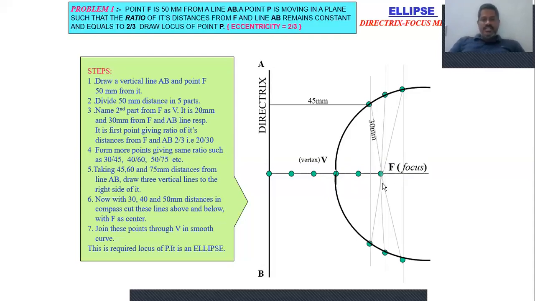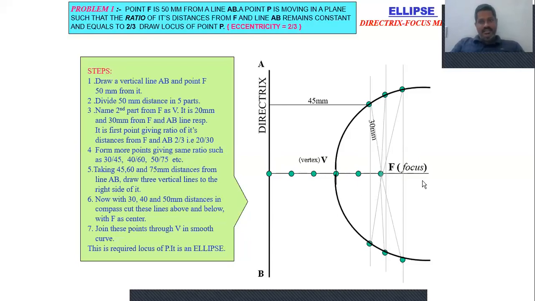This point is moving in such a way that the ratio of the distance from the fixed point to the distance from the fixed line is constant.